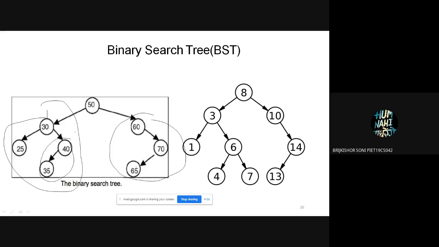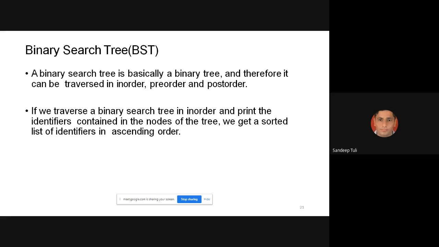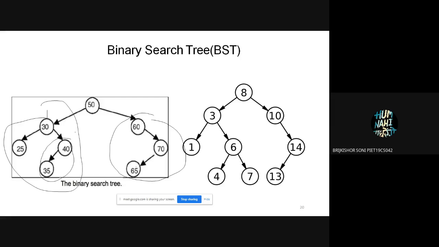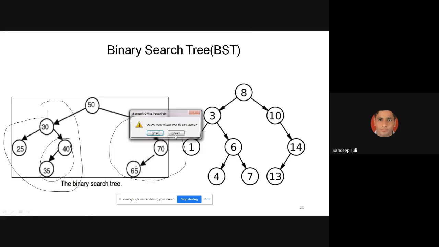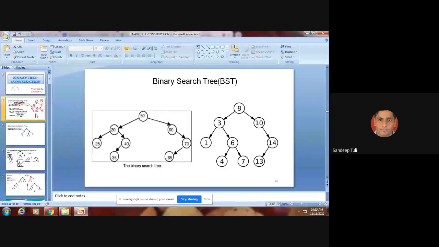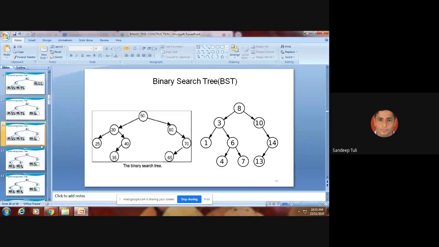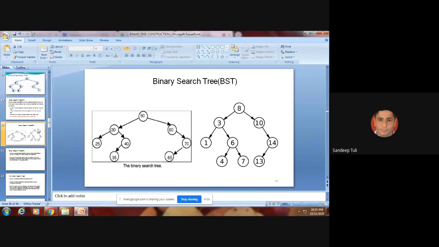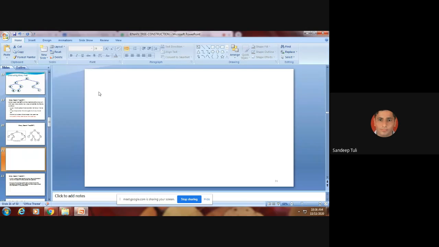Yes, sir, it is clear. लेवल के हिसाब से सब सेट कर रखे. So अब क्या करना है देखो. अब हमें, let me take an example, then we will create a binary search tree for that.